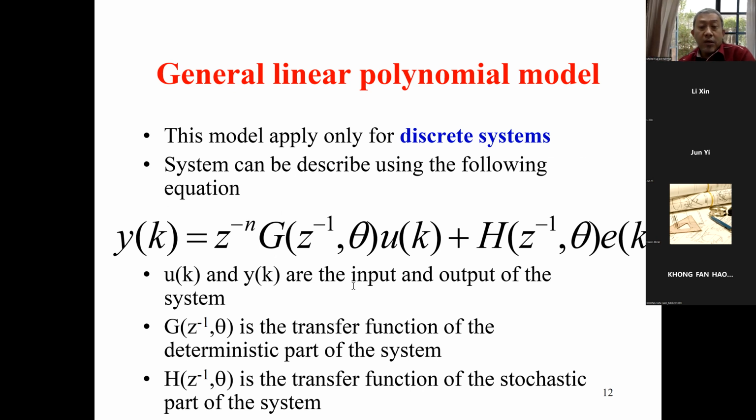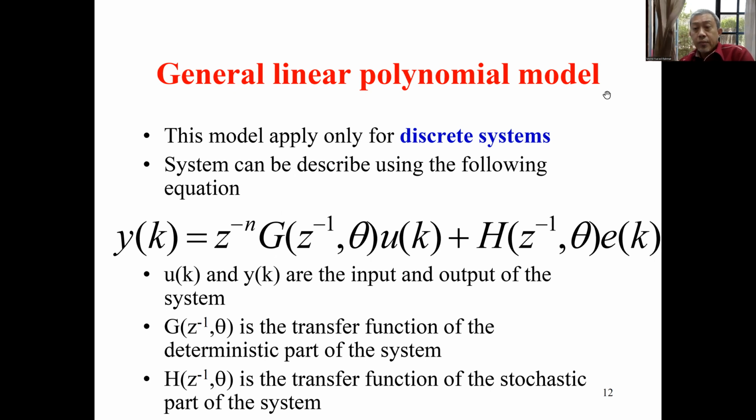This system can be described using the following equation: y(k) = z^(-n) G(z, θ) u(k) + H(z, θ) e(k). u(k) is the input.